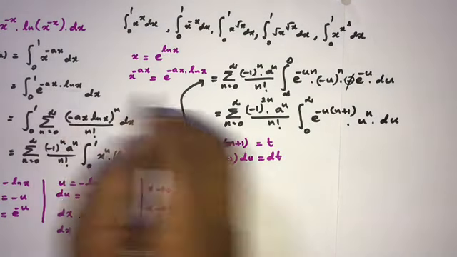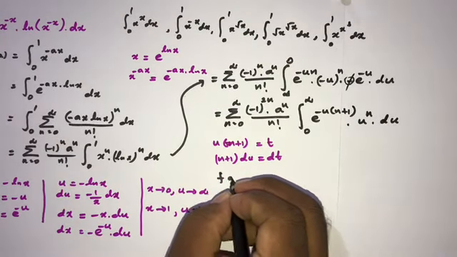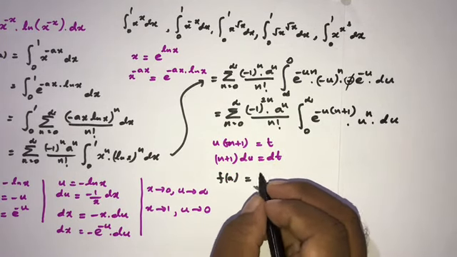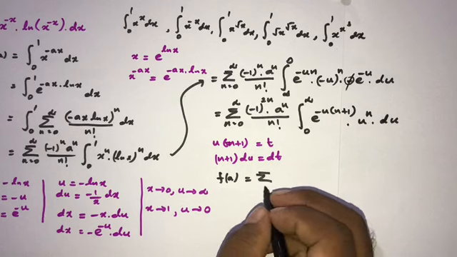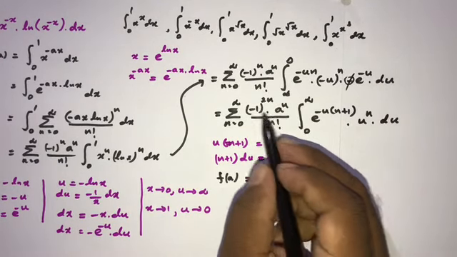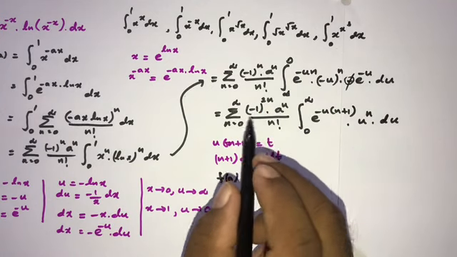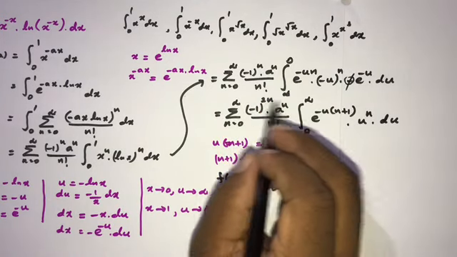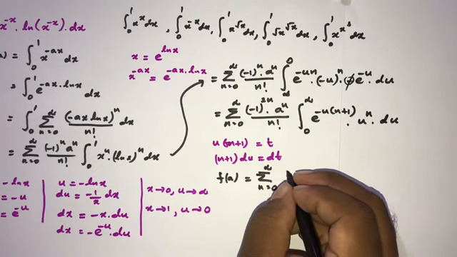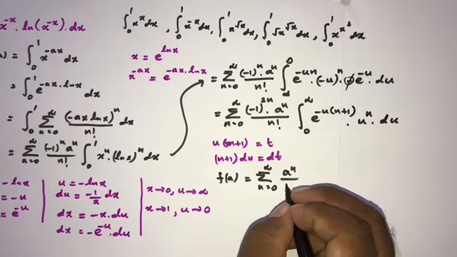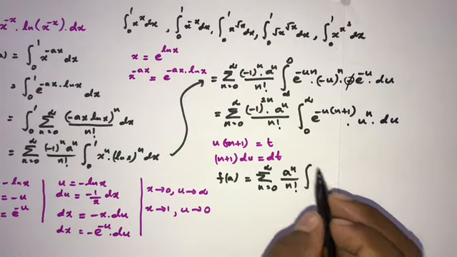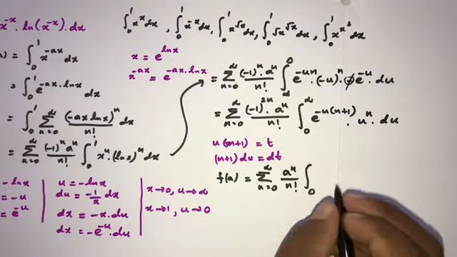So we can write our function f of a as the sum from 0 to infinity. Now minus 1 to the 2n, we know 2n is an even number, so this is 1, and here we have only a to the n over n factorial. Now the limits are also 0 to infinity.